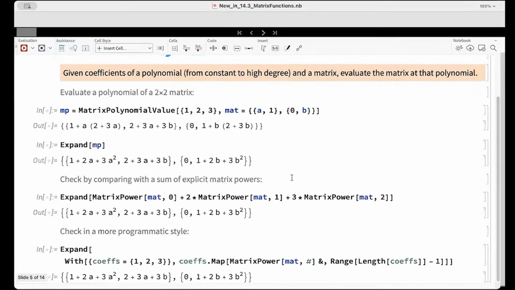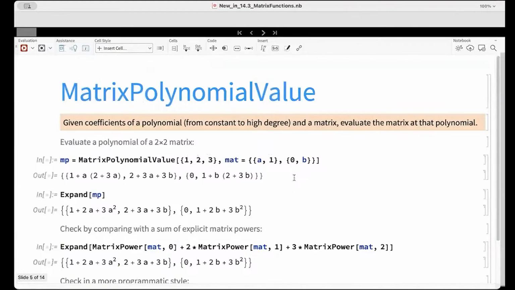Okay, another function that we've had internally for a long time and finally saw fit to make into a full-fledged system function is the matrix polynomial value. What this is: we give a matrix and a polynomial, not surprisingly, and we evaluate the matrix at that polynomial.